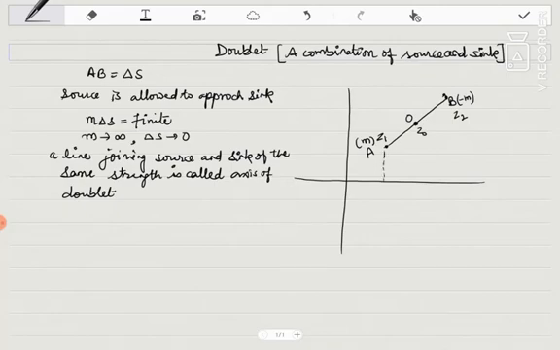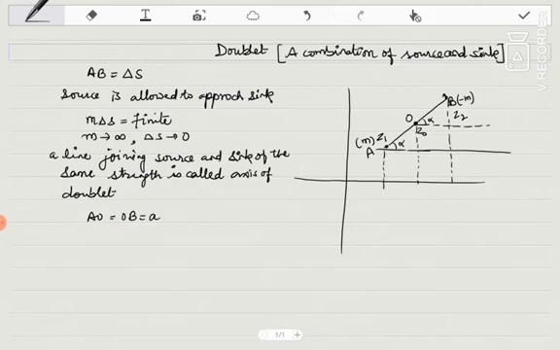Let us take that the axis of the doublet makes an angle alpha with the x-axis. We will draw these lines for calculation purposes. If it is alpha, this will also be alpha. So AO is equal to A and OB is also equal to A. This is A, this is 90 degrees, and this is alpha.